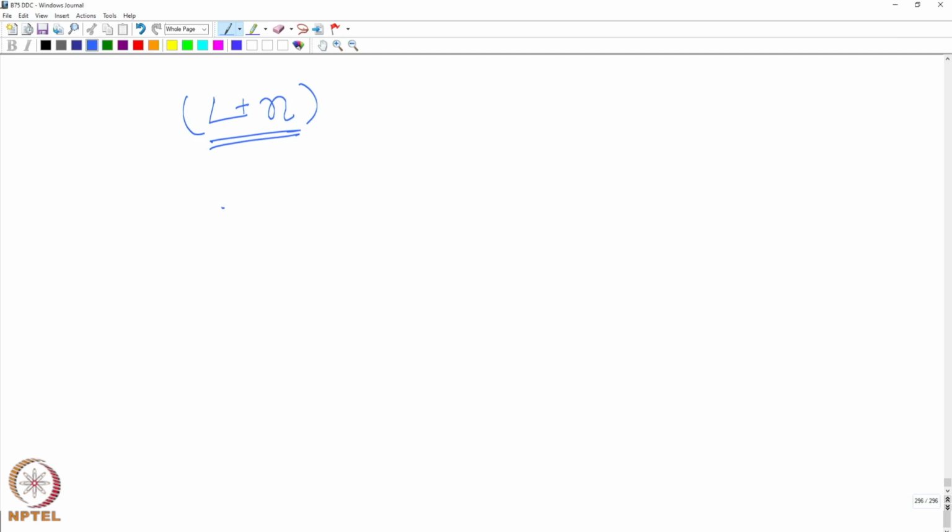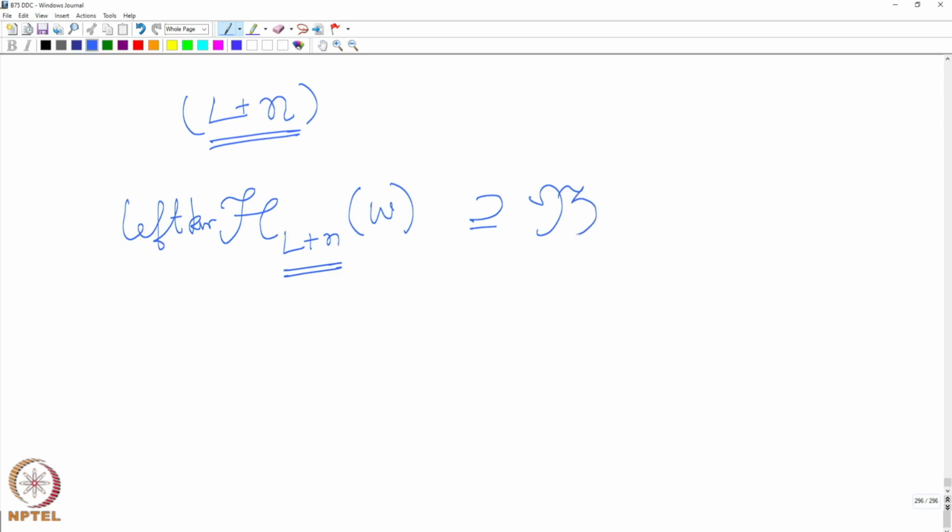So suppose from the same finite time series data we construct this H_{L+n}(W) matrix. Then obviously the left kernel of this matrix once again will contain B_{L+n} perp, but at the same time it will also contain something more, something that comes from this vector.